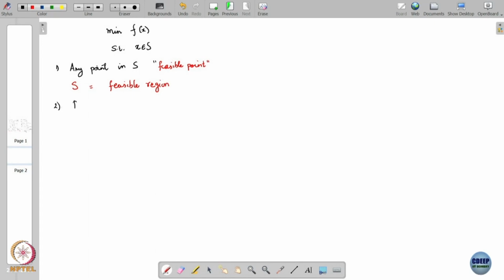Points that are outside S, that means they belong to S complement, are called infeasible. They are infeasible points.